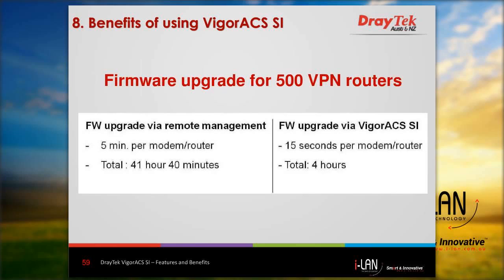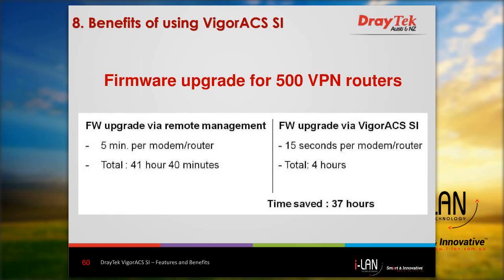But if you do it using ACS SI, it'll take around about 15 seconds per router to do the same task. So to upgrade 500 routers, it'll take around about 4 hours. That means a time saving of about 37 hours, which will result in cost savings for the company.